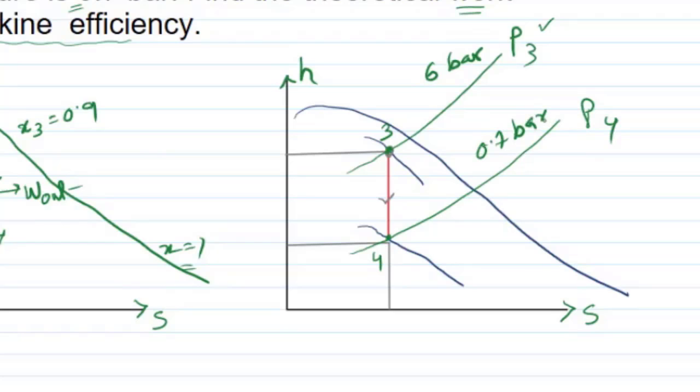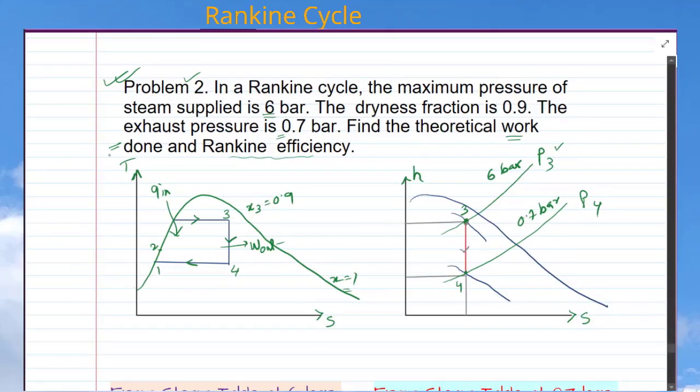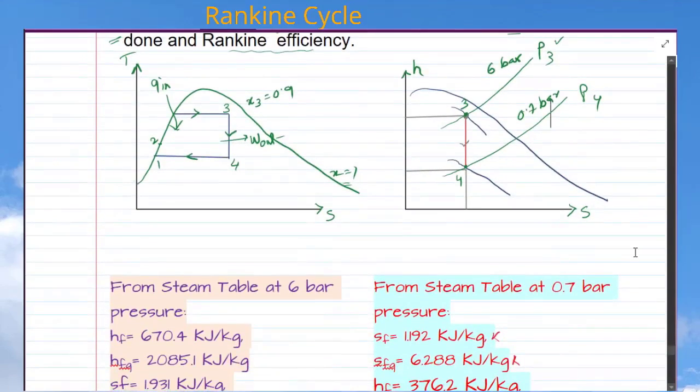The steam enters the turbine at point 3. We need to calculate the value of H3 also. From the steam table you can find these values: point 3 is for 6 bar pressure, and point 4 in the T-S and H-S diagram is for 0.7 bar pressure.